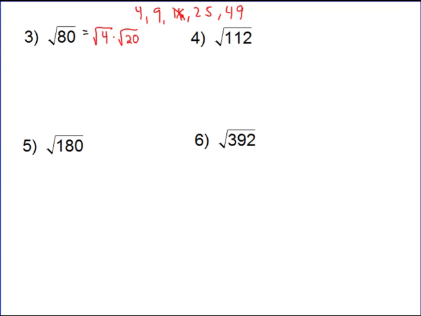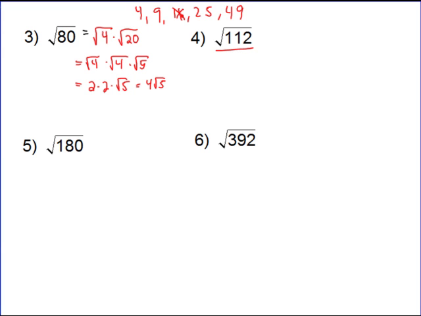However, that's not right, because you're not done factoring, because square root of 20 is equivalent to square root of 4 times square root of 5. So sometimes there is more than one perfect square that is a factor of a number. So in this case, square root of 4 is 2, square root of 4 is 2, square root of 5 we don't know, so we just leave it like that. So your answer is 4 square root of 5.